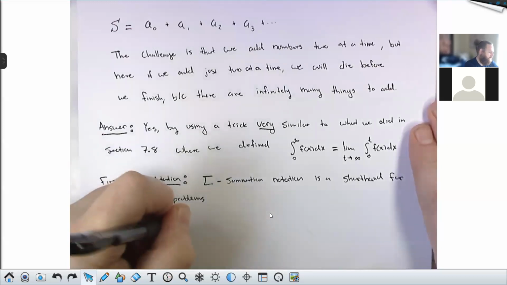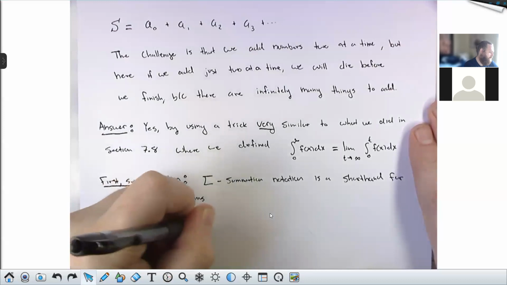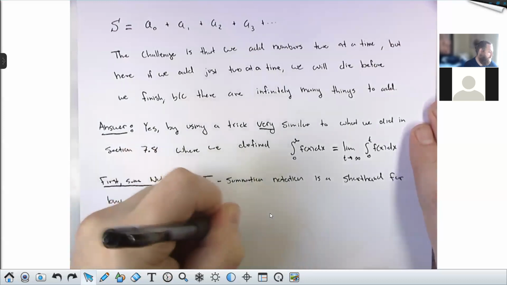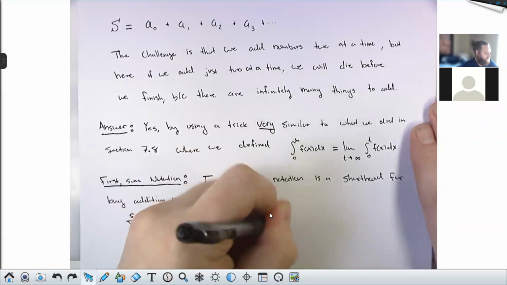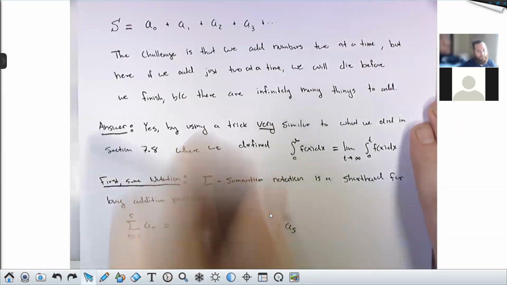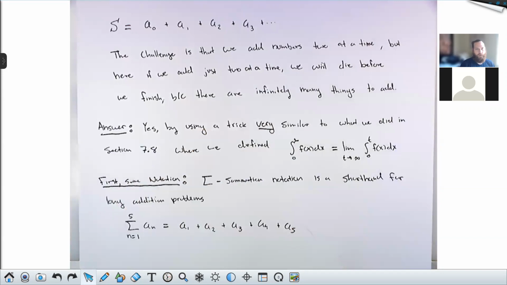So in other words, this means a1 plus a2 plus a3 plus a4 plus a5. And thinking about the question we're trying to answer, you can see why this notation would be convenient, because this stands for the sum of the first 5 terms of the sequence.